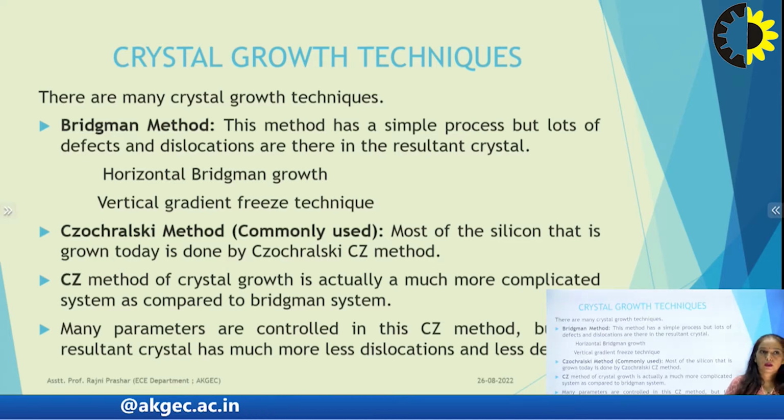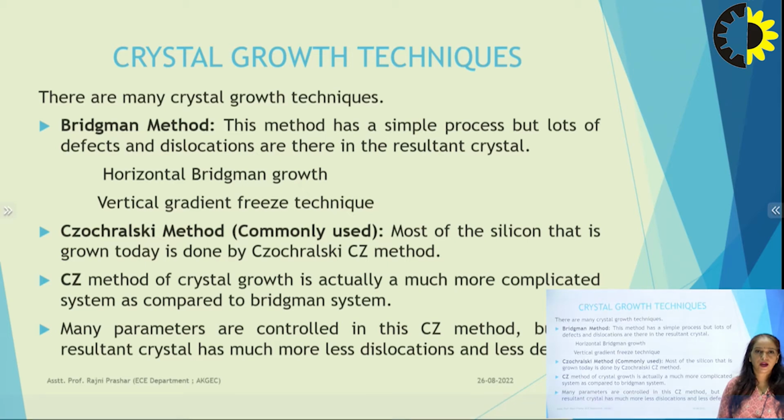The Bridgman method has many drawbacks: we have fewer control parameters to control, and because of that we have many dislocations and defects. In the CZ method, there are many parameters to control, but the resultant crystal has far fewer dislocations and defects.